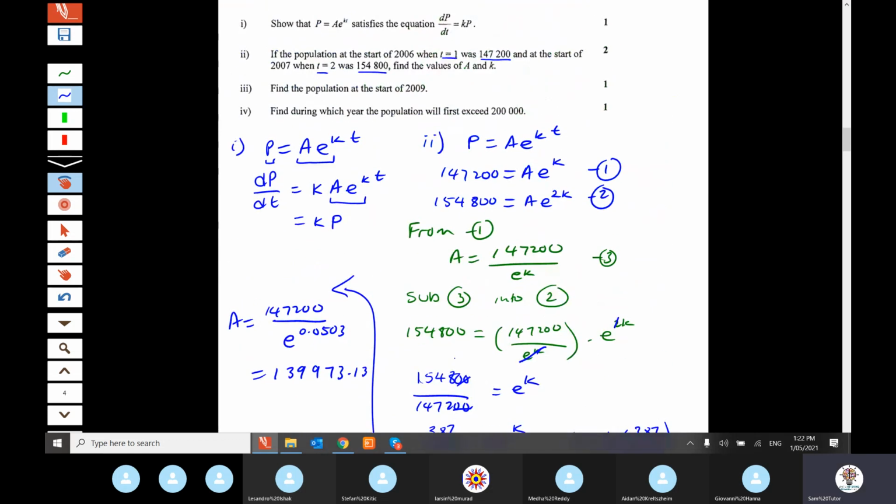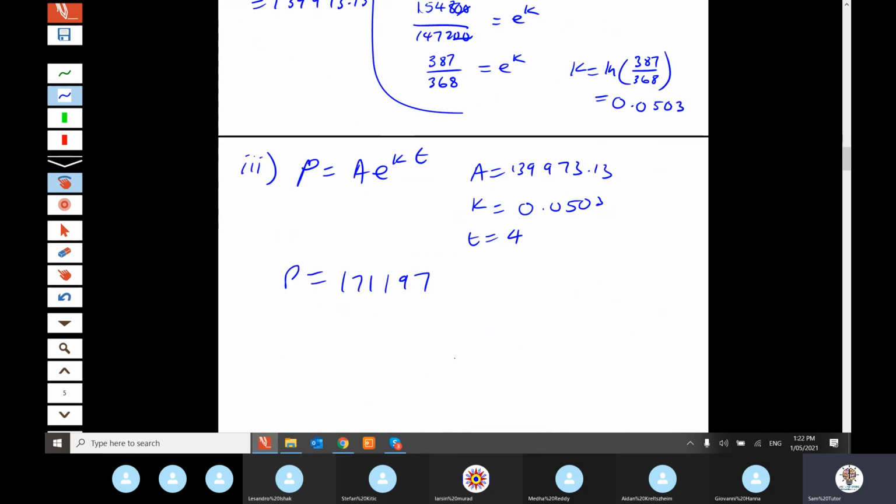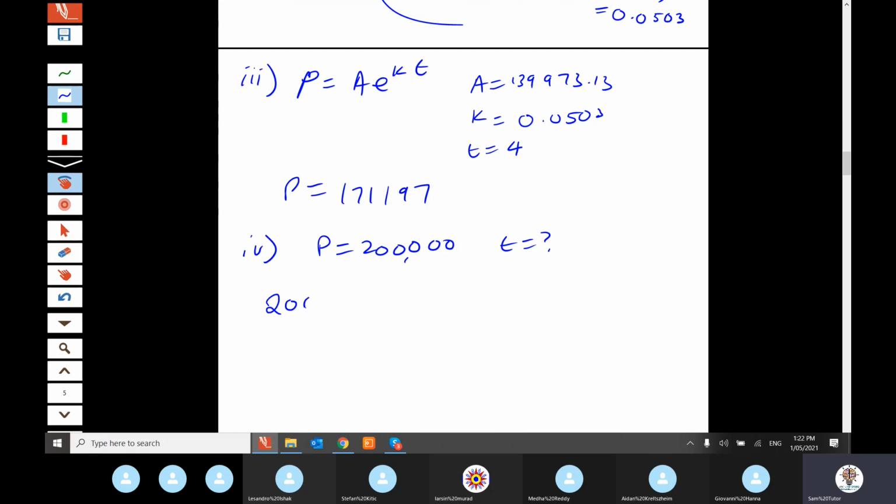And then last one. Find during which year the population will first exceed 200,000. What letter are you looking for? T. Yeah, T. You gotta know that. So you're looking for T when P equals 200,000. So again, what's the math? 200,000 equals A e^(kT).